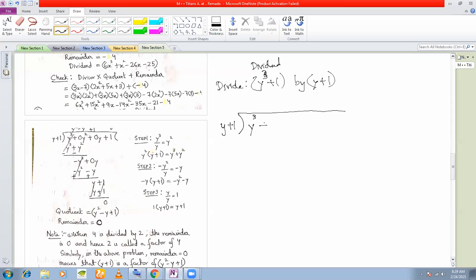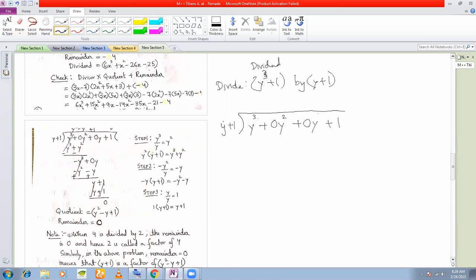I have a y cube, but I don't have a y square, so I'll write 0 into y square. I also don't have a y, so I'll write 0 into y. Why? Because power 3, then power 2 of y, then power 1 of y, and then the constant term. So I have written y cube plus 1 in terms of descending powers of y. Is it absolutely clear, or does anyone want an explanation once again?